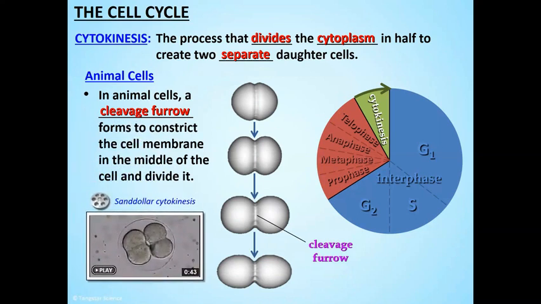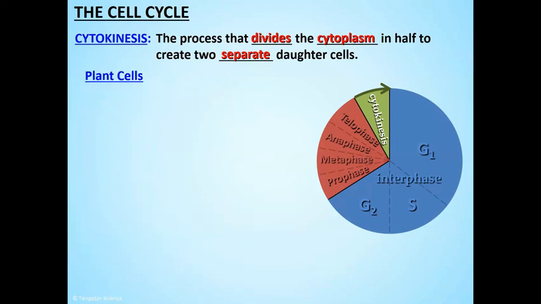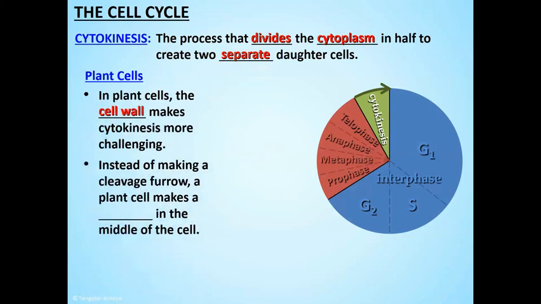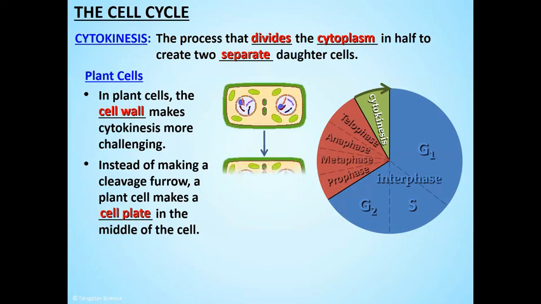Again, here's another picture of it. In plant cells, the cell wall makes the cytokinesis more challenging. Instead of making a cleavage furrow, a plant makes a cell plate in the middle of the cell.